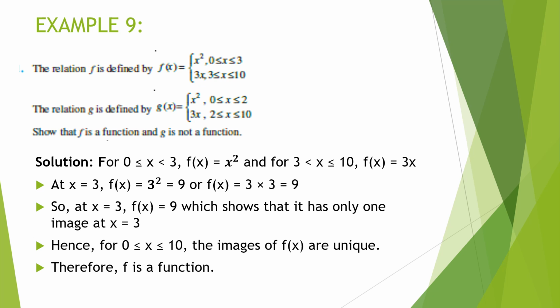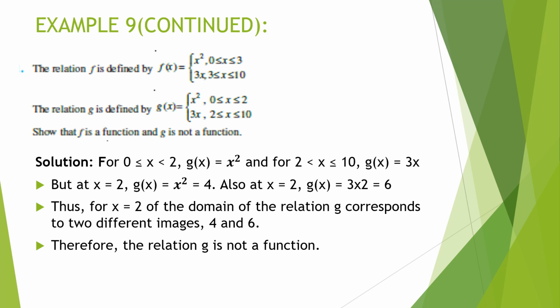Similarly, if we consider the second condition, at x equal to 3, f(x) will be 3x, means 3 into 3, 9. So at x equal to 3, f(x) is equal to 9, which shows that it has one and only one image at x equal to 3. Other points will definitely have only one image, and at x equal to 3 also it has only one image. So it is a function.